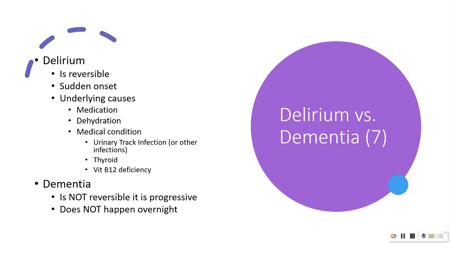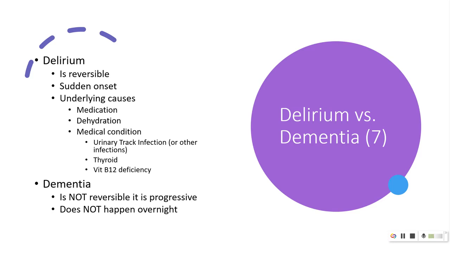Dehydration is an underlying cause, which elderly people are at risk for anyway, as they lose that sensation of thirst. And many times it's a medical condition. Oftentimes, with a medical condition, it's a urinary tract infection. And they might not feel that burning when urinating that a younger person would feel.